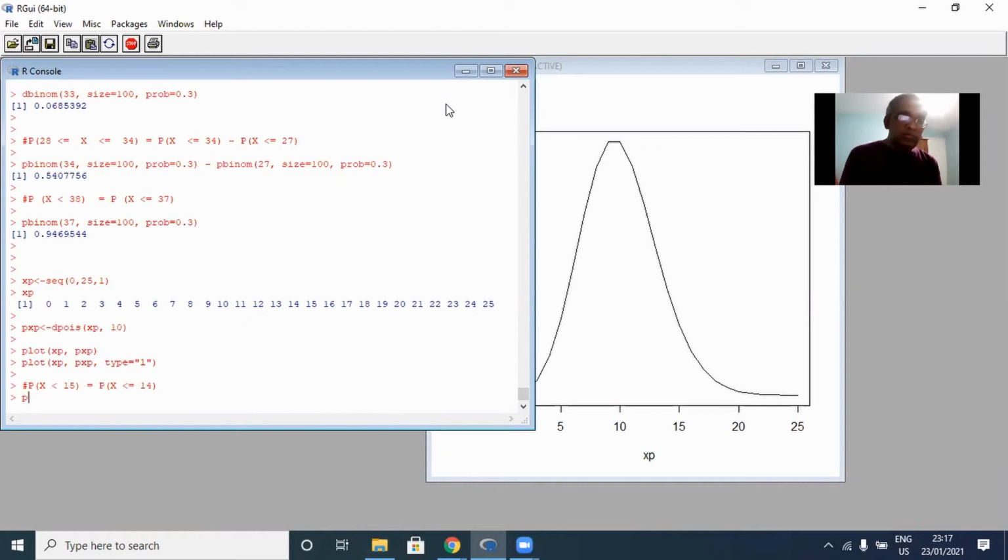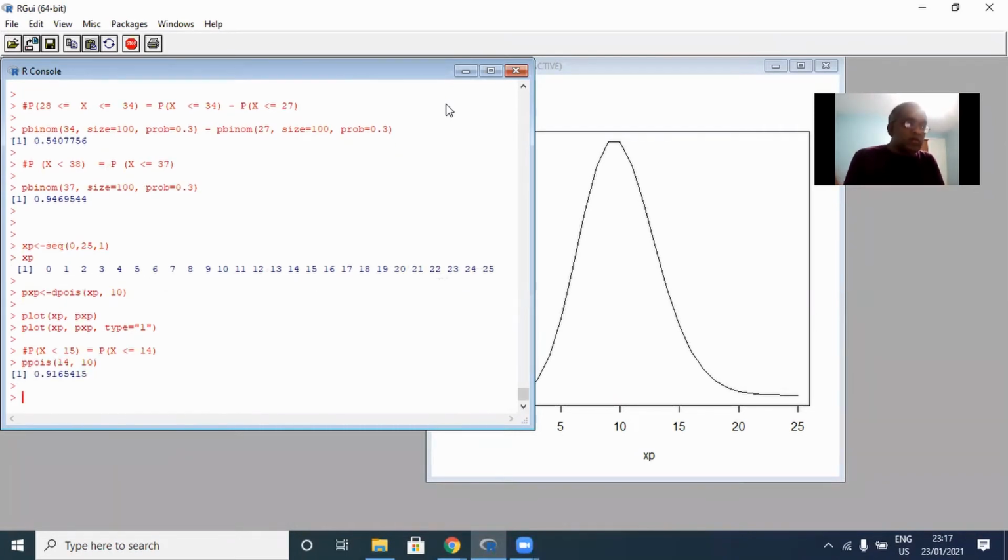So we want ppois at 14 with lambda equal to 10. So that's the value. The next thing we want to compute is the probability that x is greater than or equal to 8.